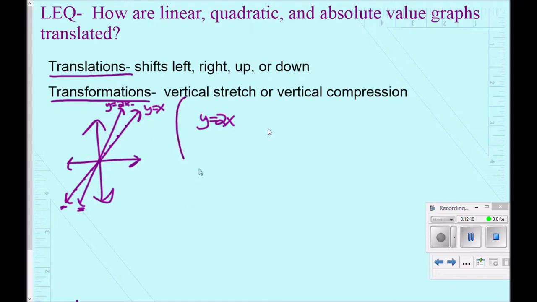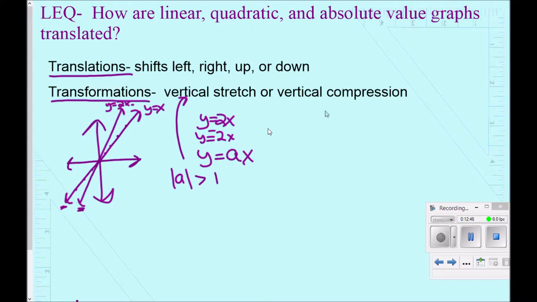So if I just put an a in the front, we'll just call that number in the front the slope a, it'll be a vertical stretch if the absolute value of a is greater than 1. For example, y equals 2x. 2, the absolute value of that's 2, and 2 is greater than 1. Y equals negative 2x. Well, the absolute value of negative 2 is 2, and 2 is larger than 1, so y equals negative 2x has been vertically stretched as well.